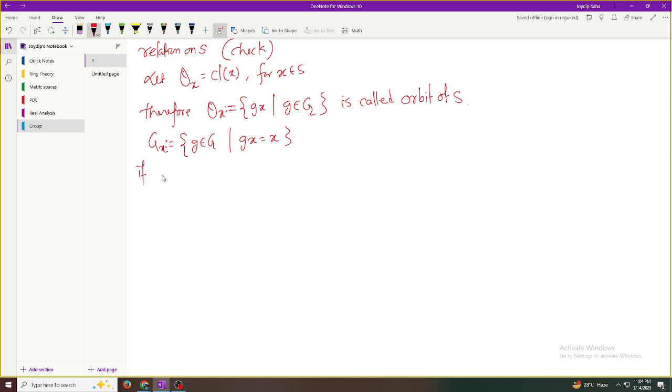If g1, g2 belongs to Gx, then g2 inverse g1 of x equals to g2 inverse x.